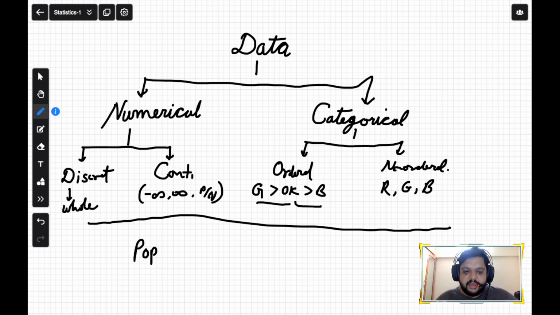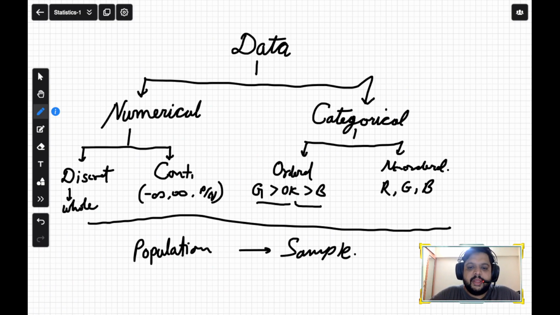So, one word is population, and we draw a sample out of it. Now, what do you mean by the population? Suppose we are studying, in your city, what make or manufacturer's car each and every person is having.